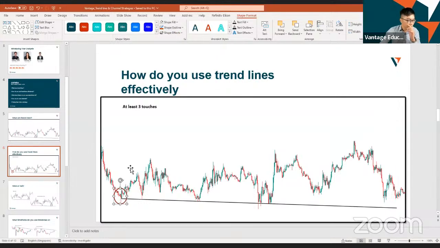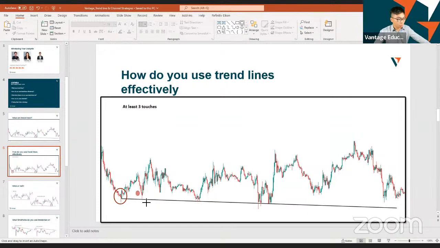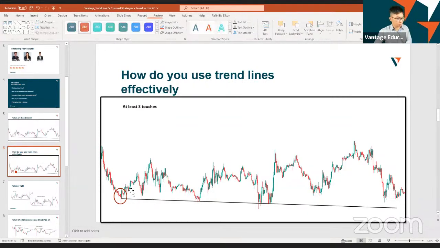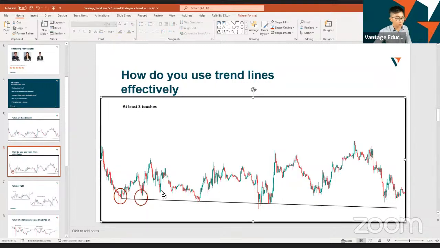Okay, so we have 1 touch, 2 touch, 3 touch. And then here we have a very nice 5 touch trend line. So minimally, we must have at least 3 touches for an effective trend line.